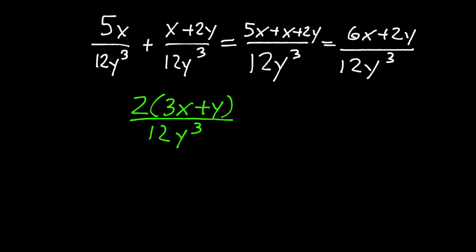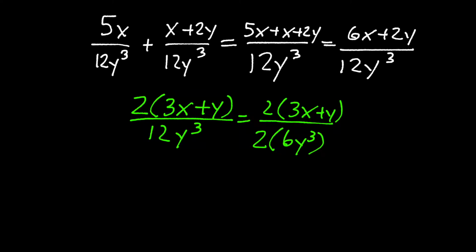If I can simplify it, that means I can factor out a 2 from the denominator as well, which I can. So the denominator can become 2 times 6y to the third. I have the 2 times 3x plus y in the numerator, and now these 2's will cancel because they are used for multiplication. No addition or subtraction allowed. So our final simplified answer is 3x plus y all over 6y to the third.